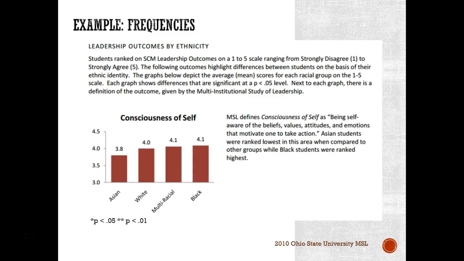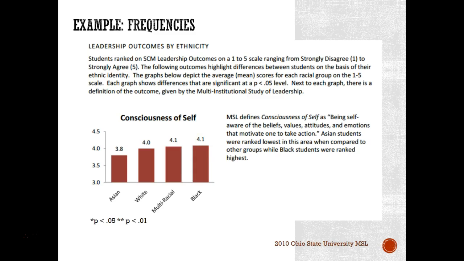It's depicting that the scores on the consciousness of self scale differ by the race ethnicity of the respondents. So for Asian students it was at 3.8, for white students it was at 4, for multiracial or black students, two different categories, it was at 4.1 for each. So it's interesting to see how those things vary based on the race or ethnicity of the respondents.